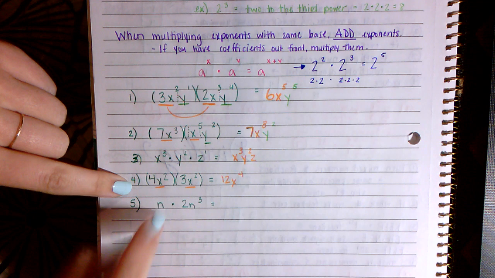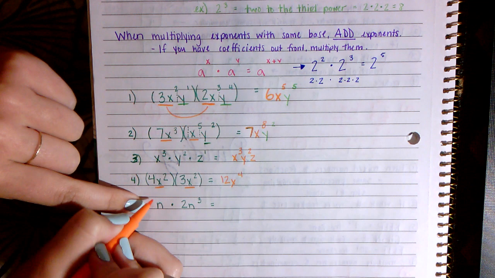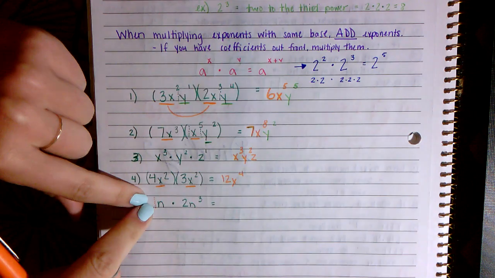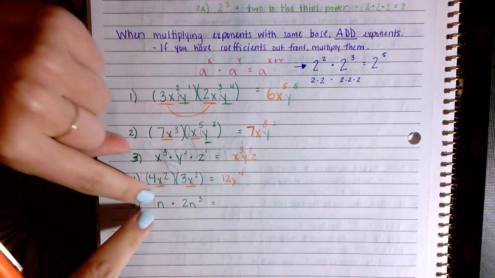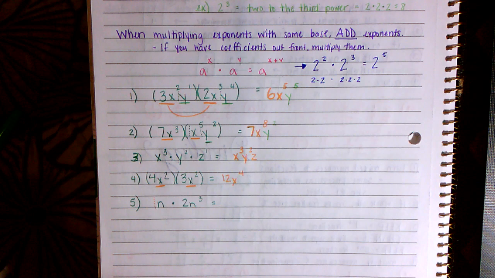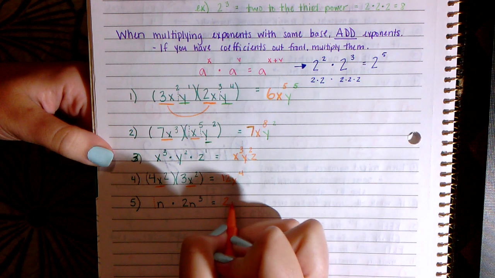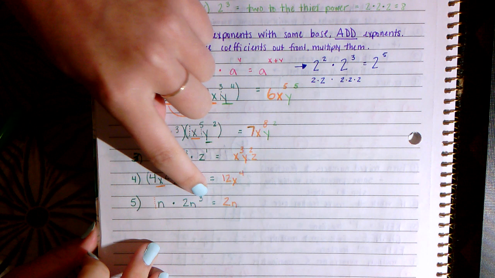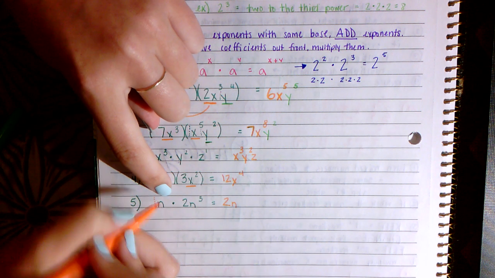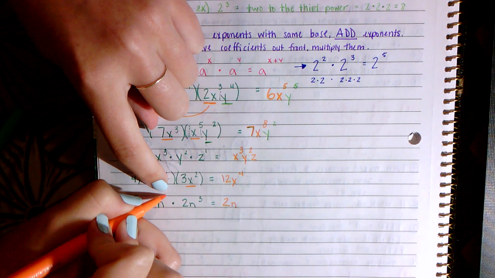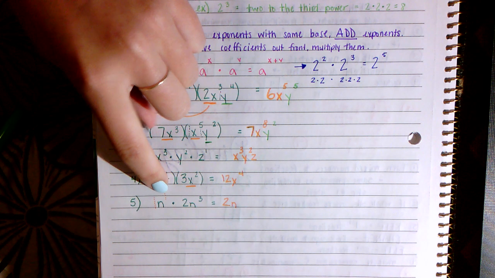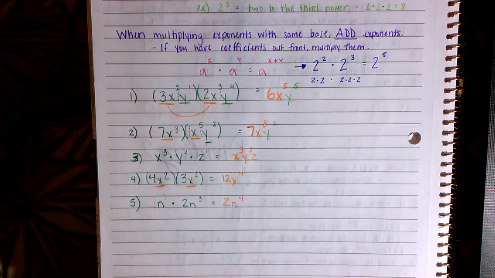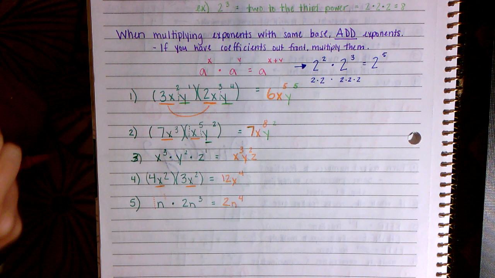This is multiplication. So what's the imaginary coefficient out front here that we talked about? 1. 1n times 2n. What is 1 times 2? 2. So we have 2n, and now we need to add our exponents. What is 3 plus your imaginary 1? 4. Do not write 3 as the exponent, okay?